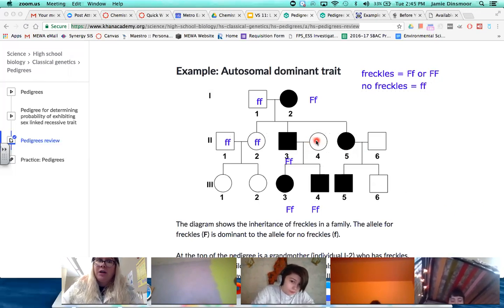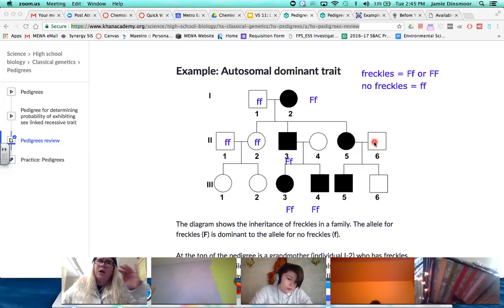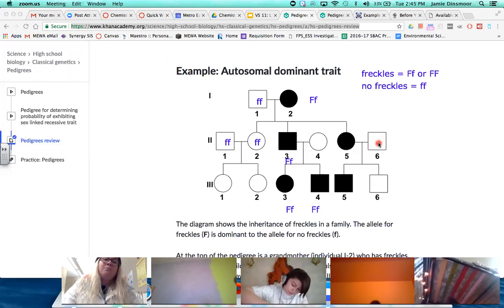Like this person here did, person 1 over here, person 6, they married into the family. We don't know what their family background is. So if person 6 here was shaded in and did have freckles, they might have 2 dominant alleles. We don't know. We could maybe predict from their children, but we're not sure, right?